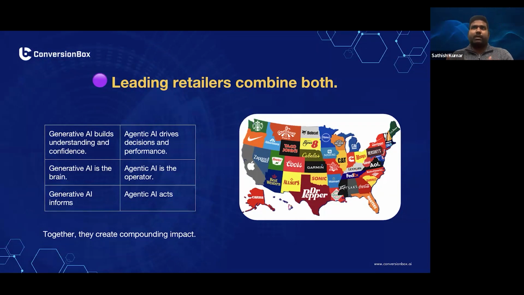So agentic AI is more like a sales assistant, and Gen AI is more like a knowledge assistant. If you want better engagement or better conversions on your site, it is better to have both kinds of AI engines, because agentic AI also acts based on the data which Gen AI supports. So assisting alone is not enough. Assisting together with a knowledge assistant will help them make better decisions and convert as customers.